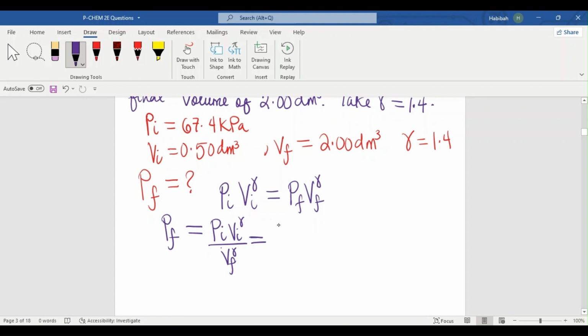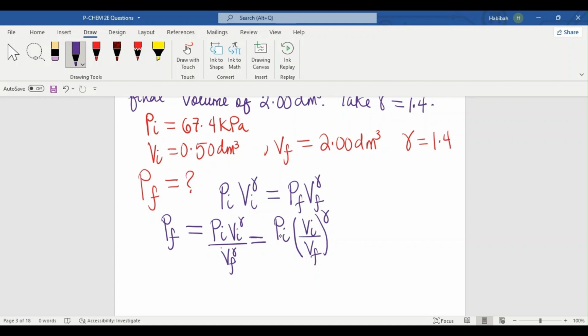And you can proceed by writing this as P initial times V initial divided by V final raised to the power of gamma. So rather than writing the gamma separately, you can combine V initial and V final in a bracket raised to the power of gamma.